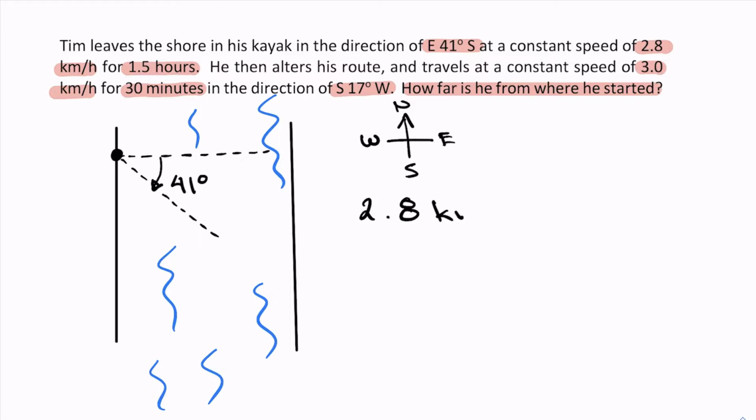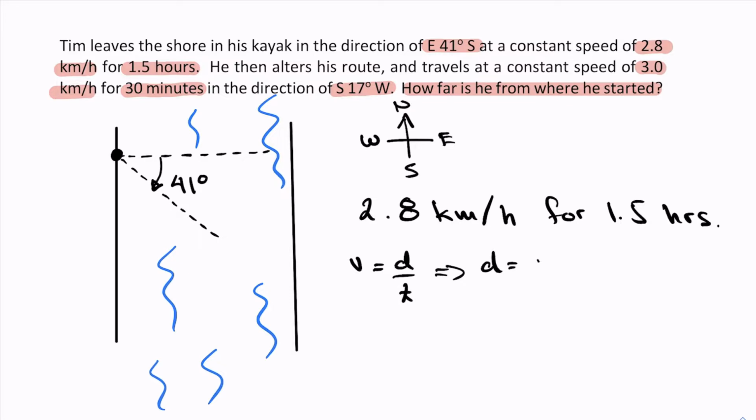Okay, so we know he's going in that direction, and he's going at 2.8 kilometers per hour for 1.5 hours. So if I want to find out how far he went, if you recall, speed is equal to distance over time. Well, distance is just going to be speed or velocity times time. And in this case, it's 2.8 times 1.5.